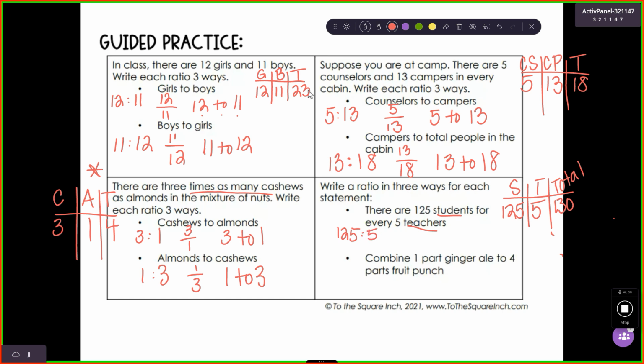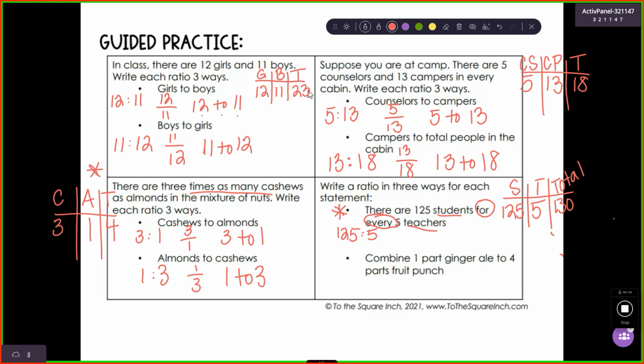Some of you are like, well, where did "for every" come from? Guess what, guys? That's another way to say a ratio. Instead of saying "to," we can say "for every." Put a star by that to know that those keywords mean to write it as a colon, or as a fraction, or with the word "to," and we write it in that order.